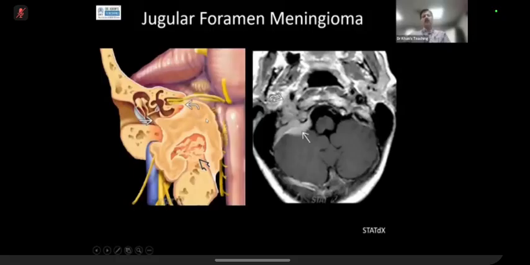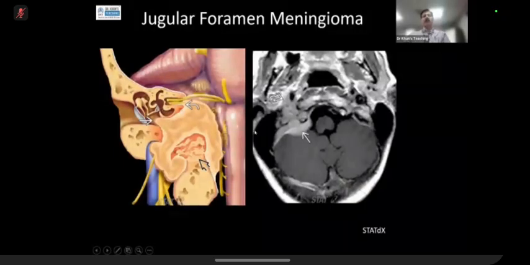I will show you meningiomas in subsequent sessions, but just to let you know, sometimes meningiomas penetrate the bone, and it can cause hyperostosis. And when that happens, it will cause sclerosis of the bone.